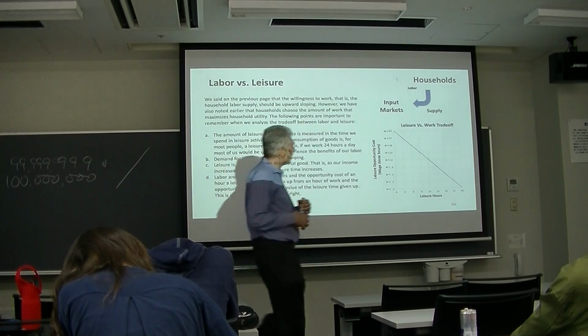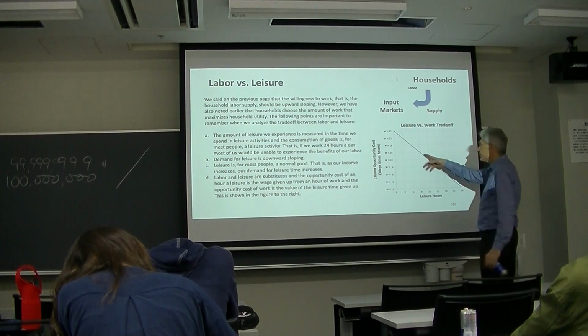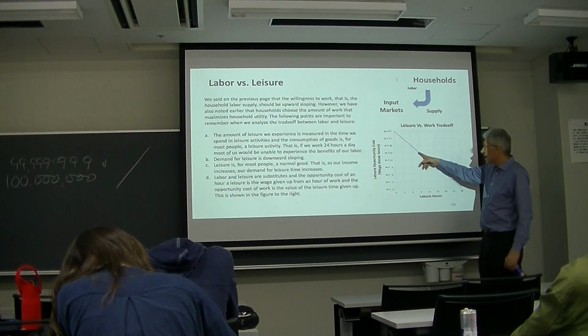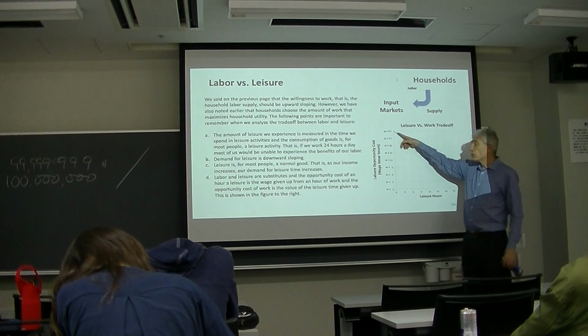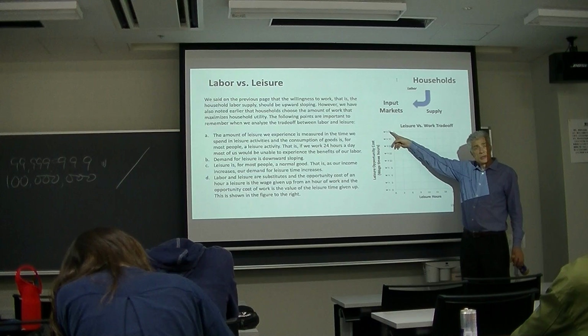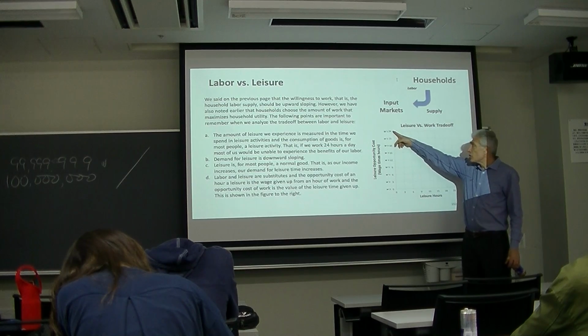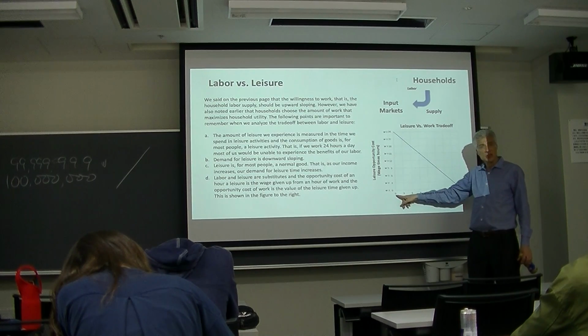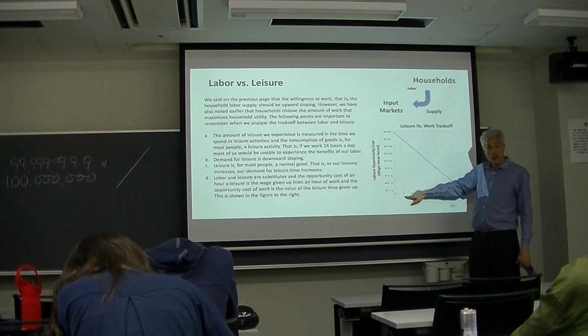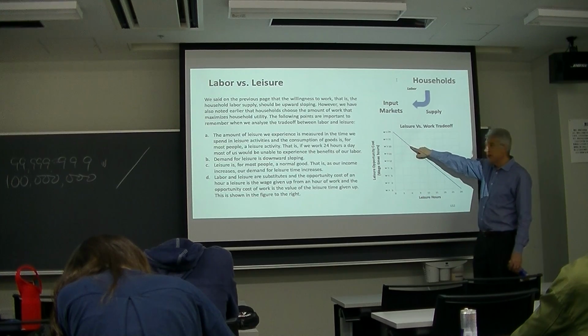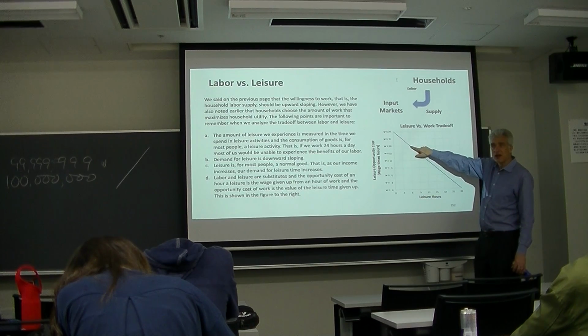This shows the trade-off between labor and leisure, and this is just pure time. We're somewhere along this line in terms of labor and leisure. 24 hours of work, 0 leisure. 21 hours of work, 3 hours of leisure. You need sleep, so people really can't do much. People typically need a minimum of 6 hours of sleep.